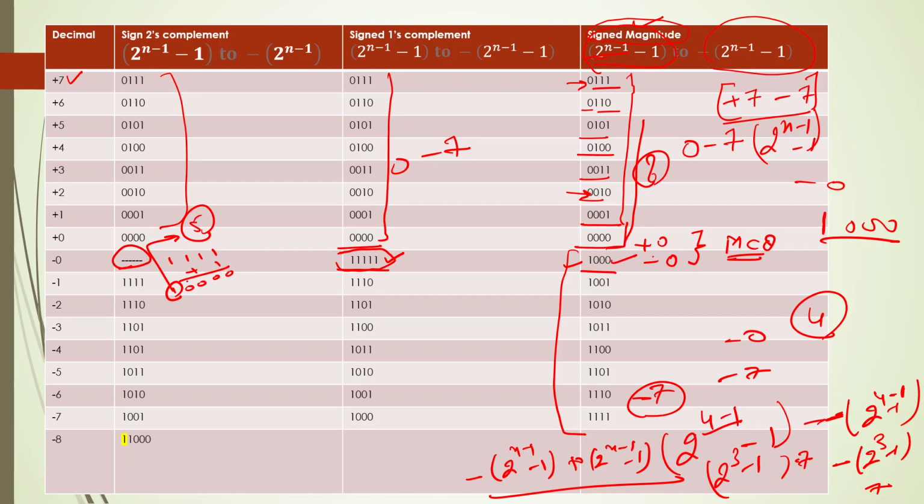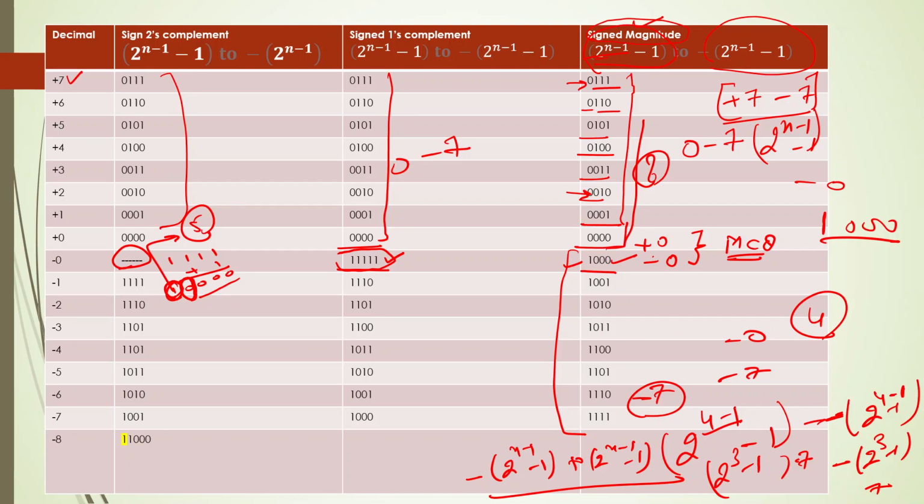Now you can see that the MSB is the 5th bit, not the 4th. This is the game here, right?